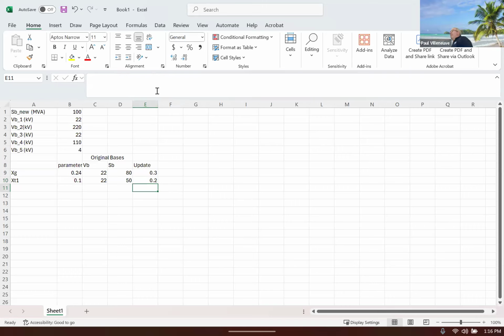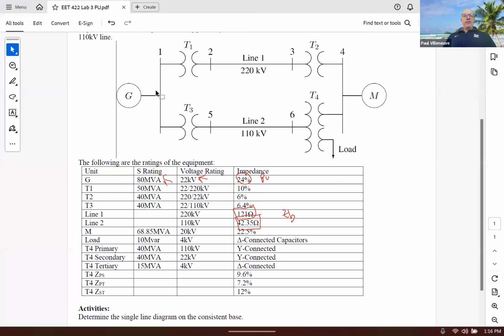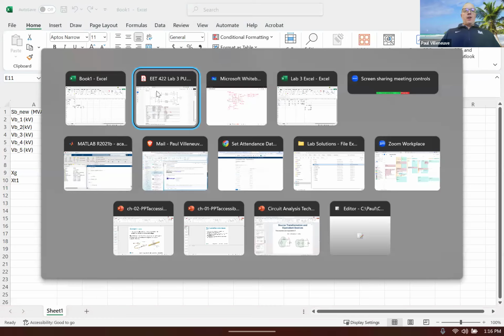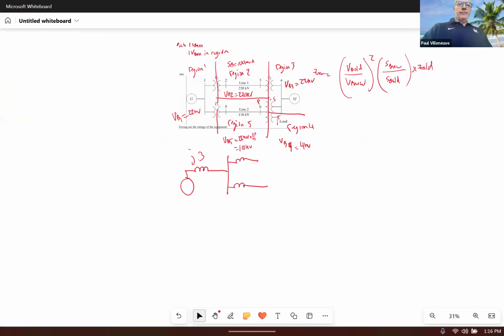And that becomes my updated impedance for T. Did I say T1 or T3? T1, thank you. So on my diagram, this is J0.1.